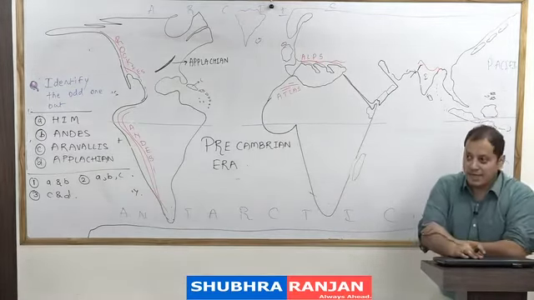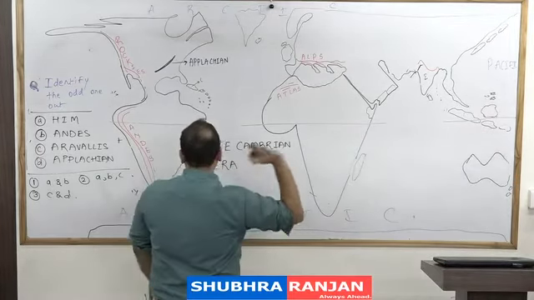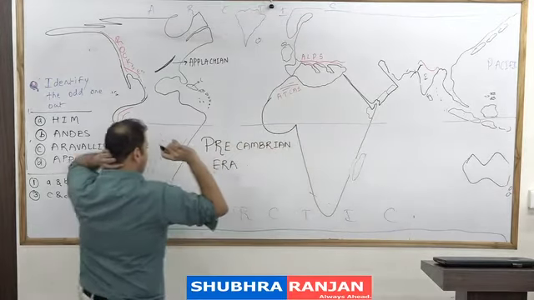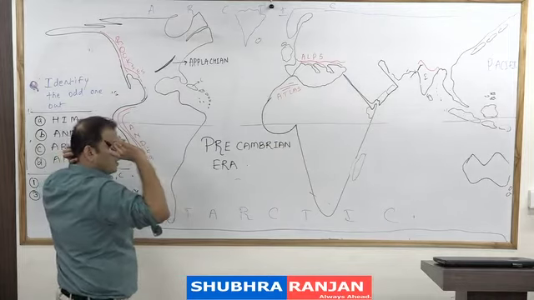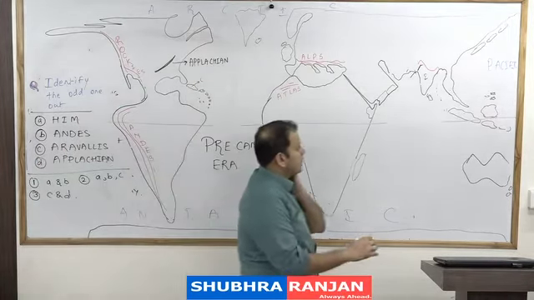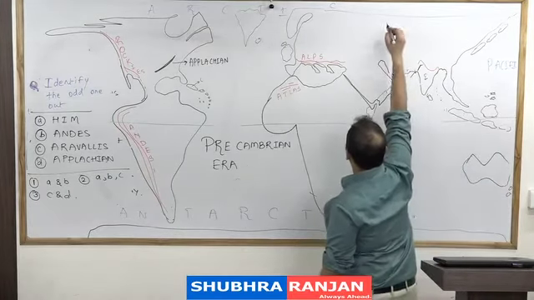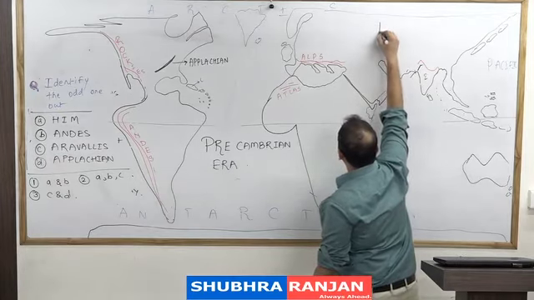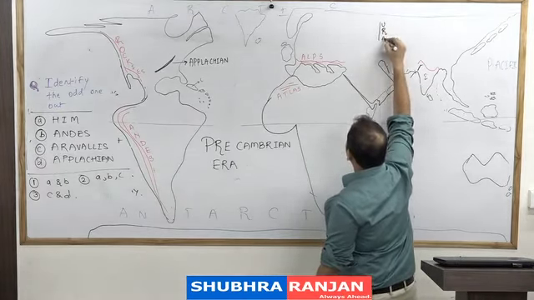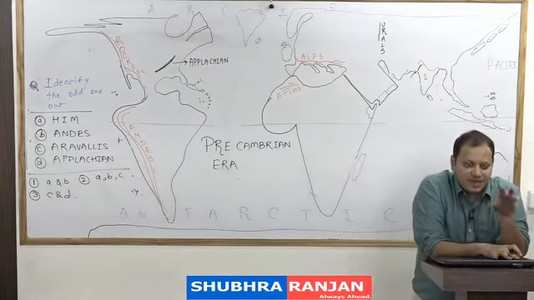Next point, Appalachians. The other examples of old fold mountains are, one, Appalachians of North America, second, Urals. क्या है Urals?